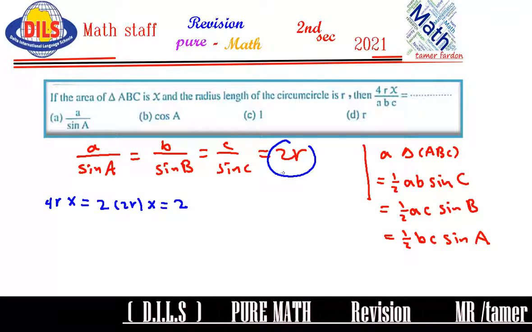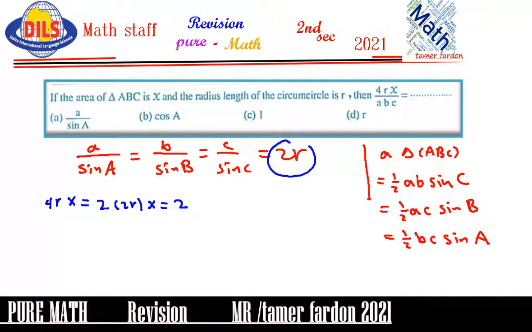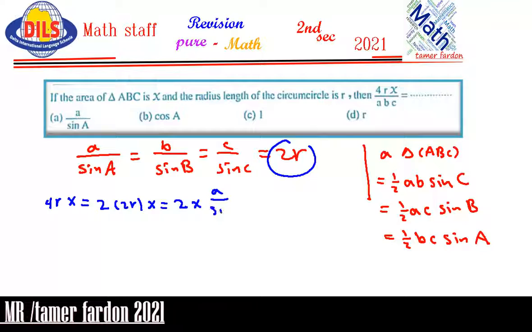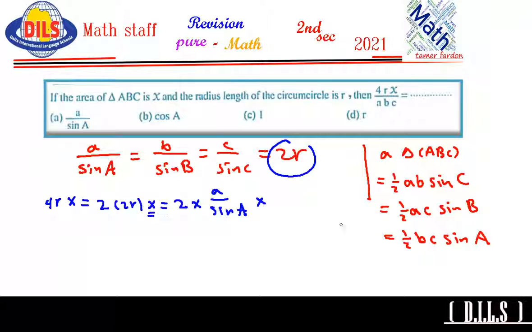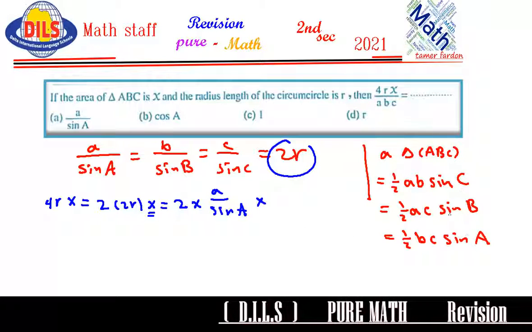Let 2r equal a over sine A. We get 2 times a over sine A times x. x is the area of triangle ABC, which equals one of the following expressions.